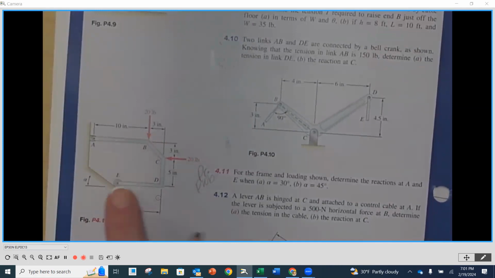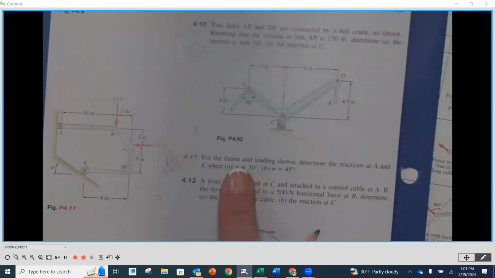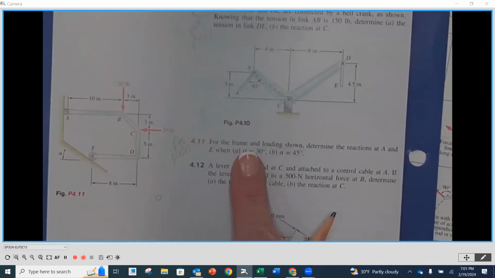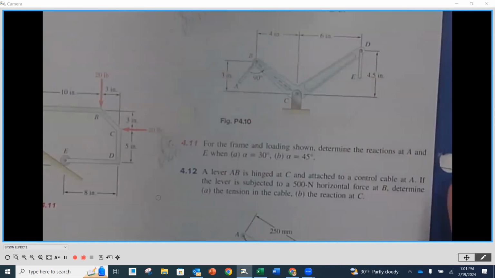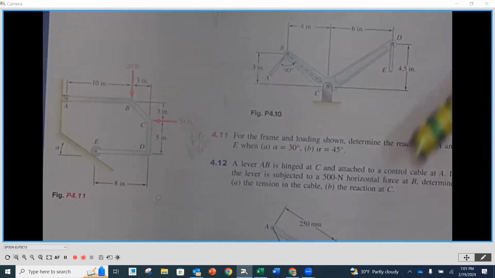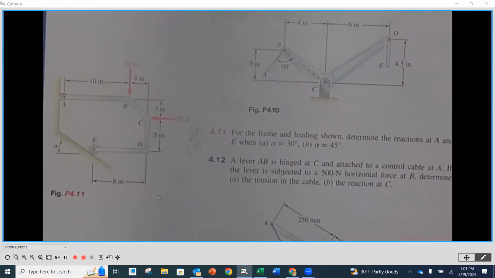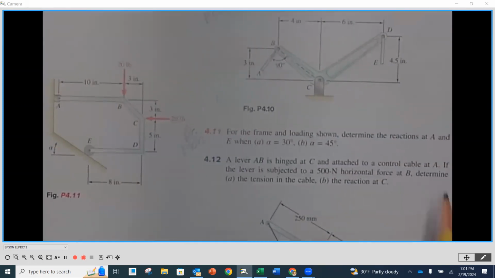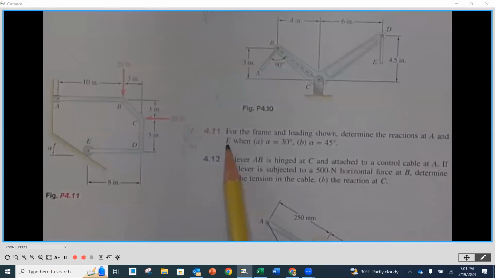The problem is right here. The statement is on the right-hand side, okay? So it says for the frame and the loading shown. I'll zoom in here a little bit so you can see it, for those who might not have the problem in front of them. Determine the reactions at A and E.